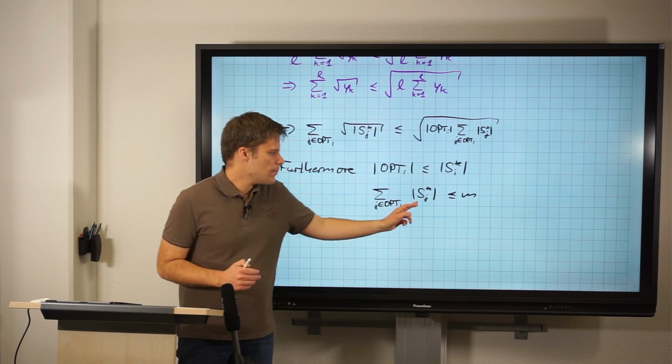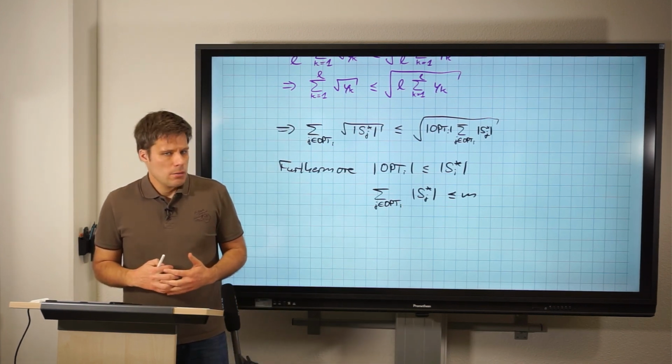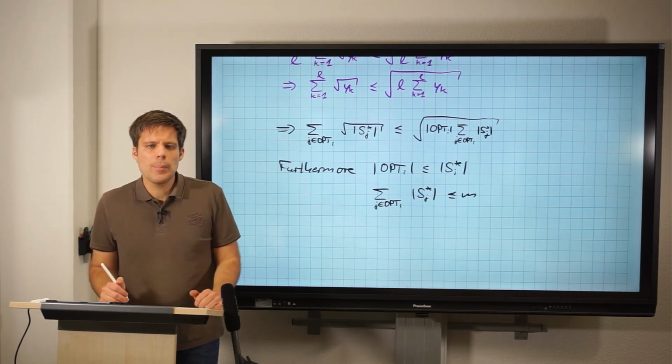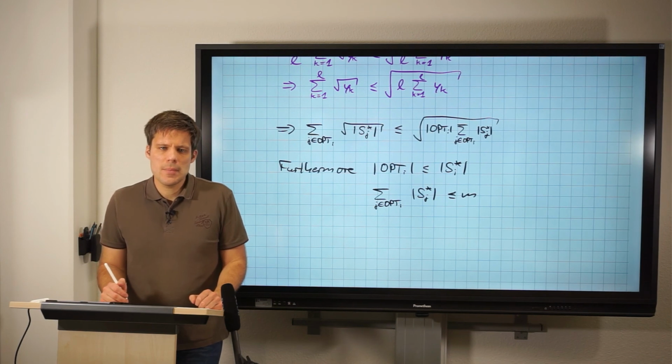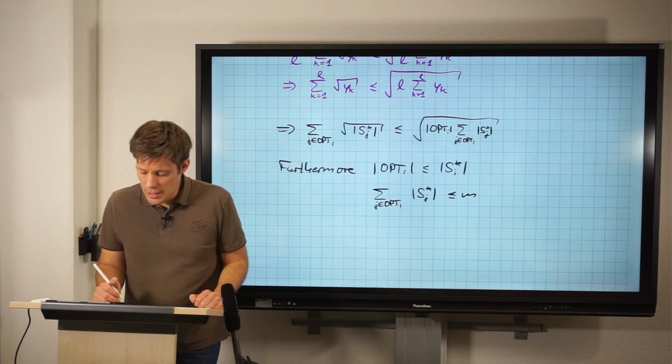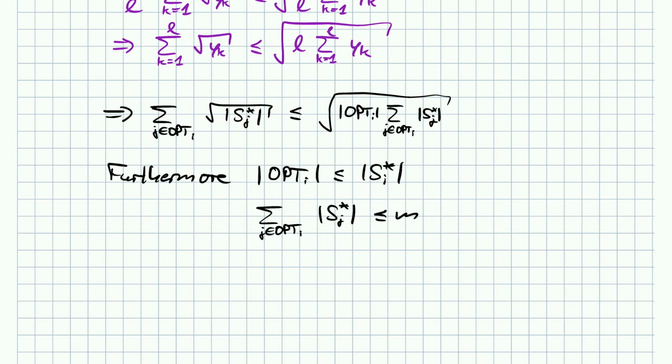So we're summing up their cardinalities, and this will be at most the number of all items together. Good, if we combine this, then what we're seeing here is that this sum we're trying to bound is at most the square root of the size of Si star times m.